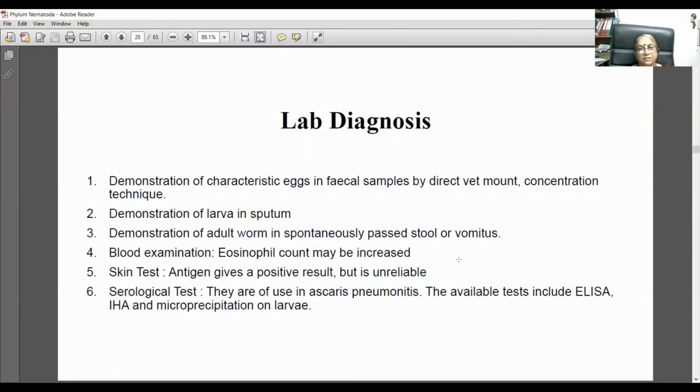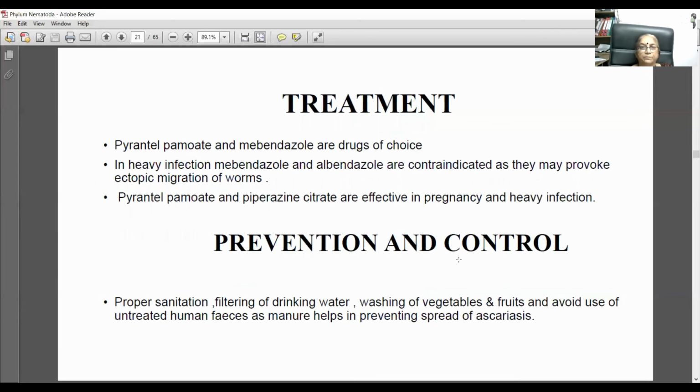Serological tests are of use in Ascaris pneumonitis, and the available tests include ELISA, IHA, and microprecipitation of the larvae.